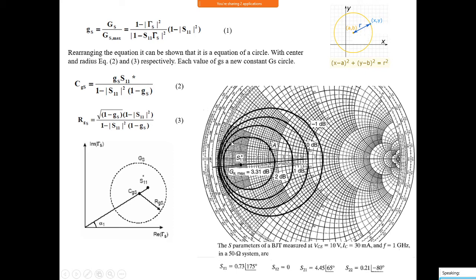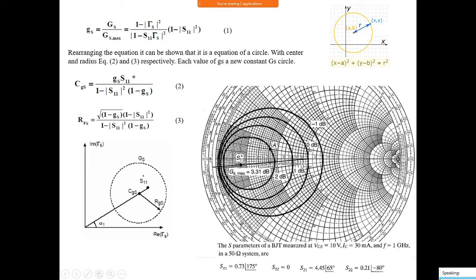So like this, see here, this is the 2 dB gain circle. It is called the 2 dB source gain circle, so gain Gs is equal to 2 dB. For a given problem, the s parameters are given here. For these s parameters, if you want Gs equal to 2 dB, you will observe all these different values of impedances.